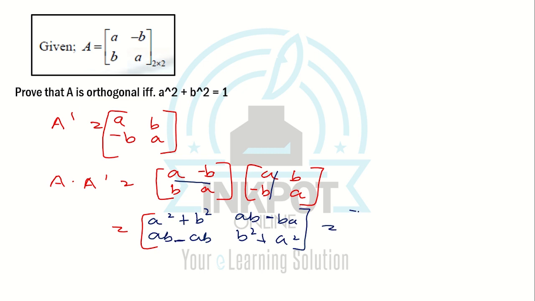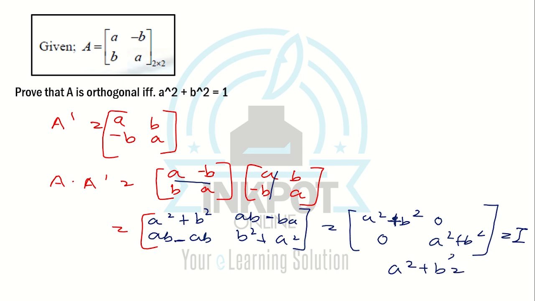So what this gives rise to is actually [A square plus B square, 0; 0, A square plus B square]. Naturally, for this to be equal to I, A square plus B square has to be equal to 1, which means that for it to be an orthogonal matrix where A into A transpose is equal to I, A square plus B square needs to be equal to 1.